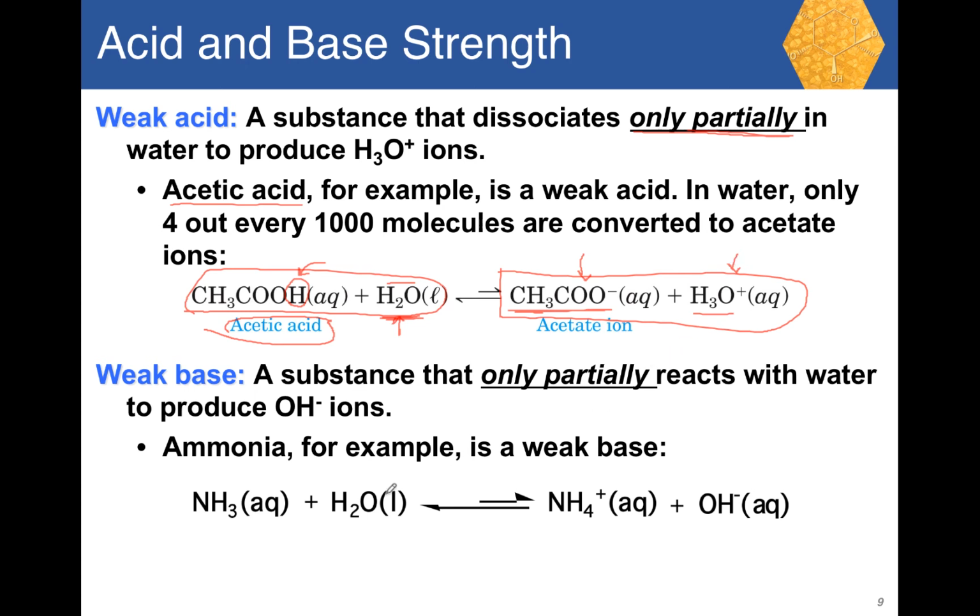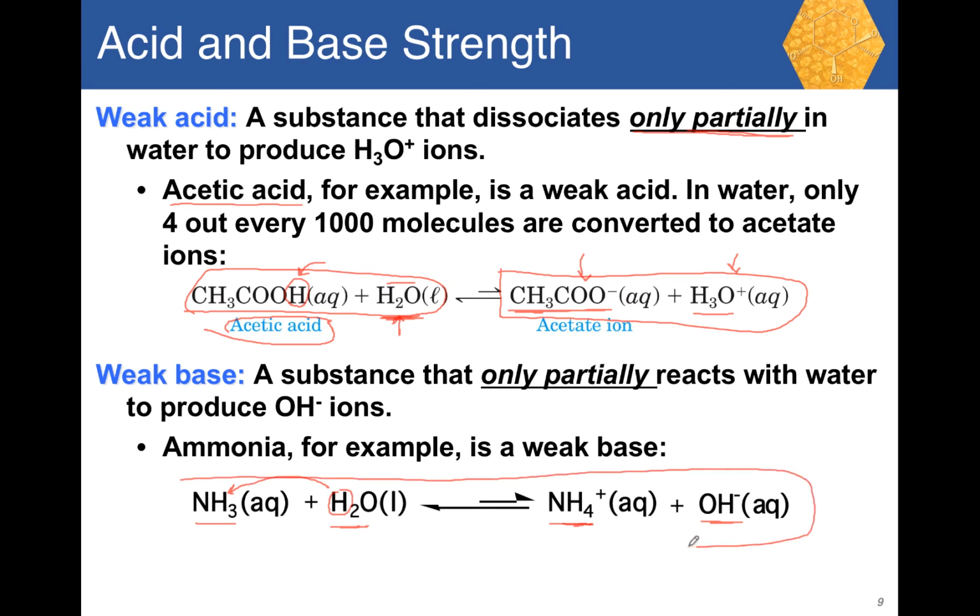Let's see, what about a base? You take a base, for example, NH3, and you mix it in water, and what you'll get is, as we have seen before, NH4, where one of these hydrogens goes over to that ammonia to get OH negative, the hydroxide anion, and NH4. So again, it's only partially dissolved, it's weak, so that information will be given to you.